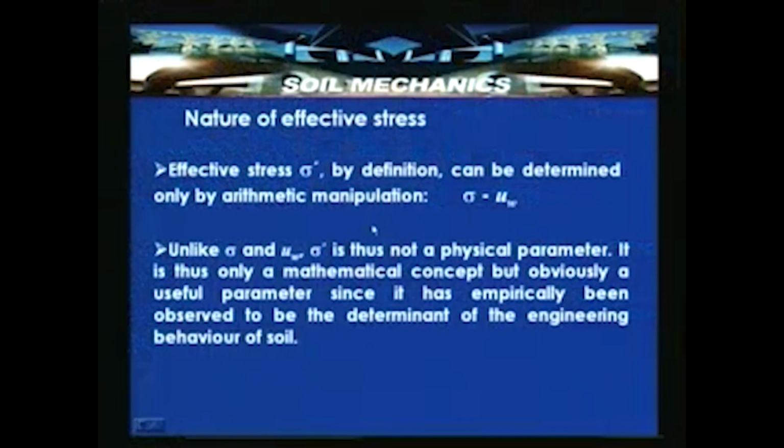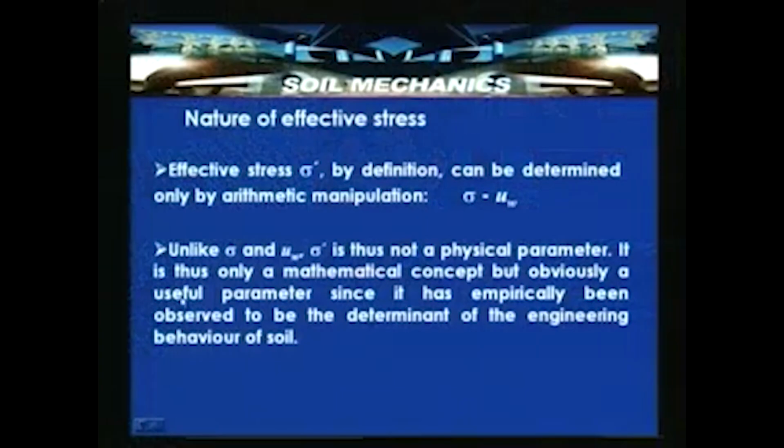Effective stress sigma dash, by definition, can be determined only by arithmetic manipulation, that is sigma dash is equal to sigma minus uw. Unlike total stress sigma and pore water pressure uw, sigma dash is not a physical parameter. It is only a mathematical concept, but obviously a useful parameter, since it has been empirically observed to be a determinant of the engineering behavior of the soil.